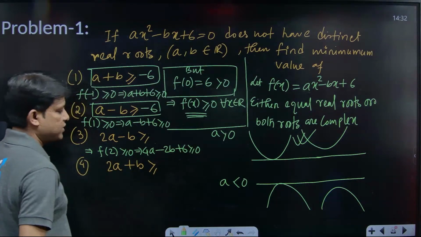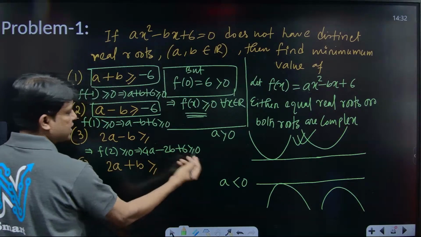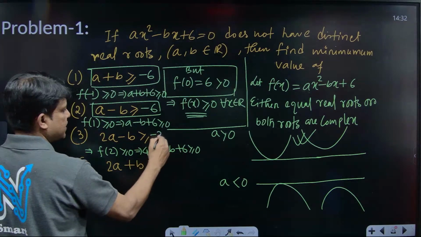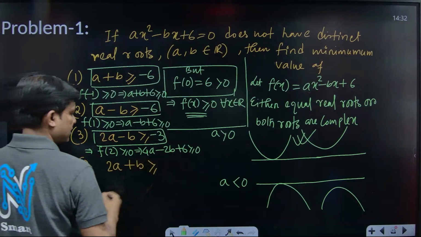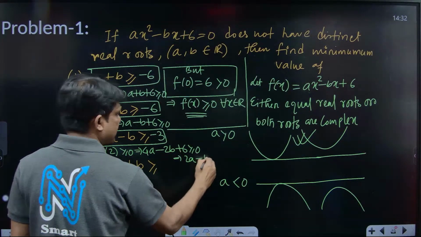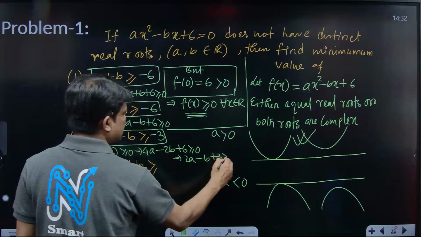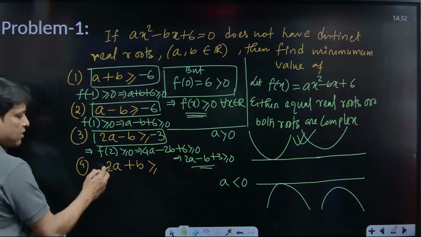Divided by 2, 2a minus b plus 3 is greater than or equal to 0. From that we will get 2a minus b is at least minus 3, so the answer is minus 3.